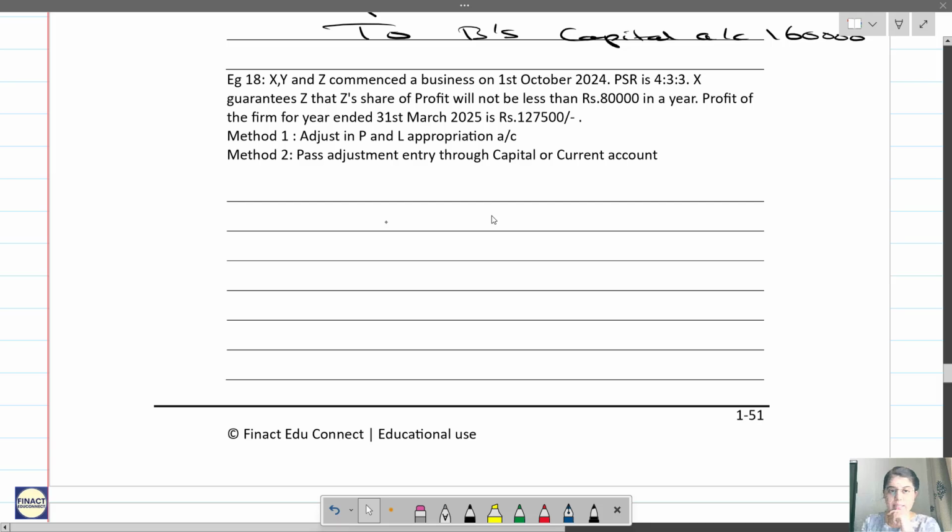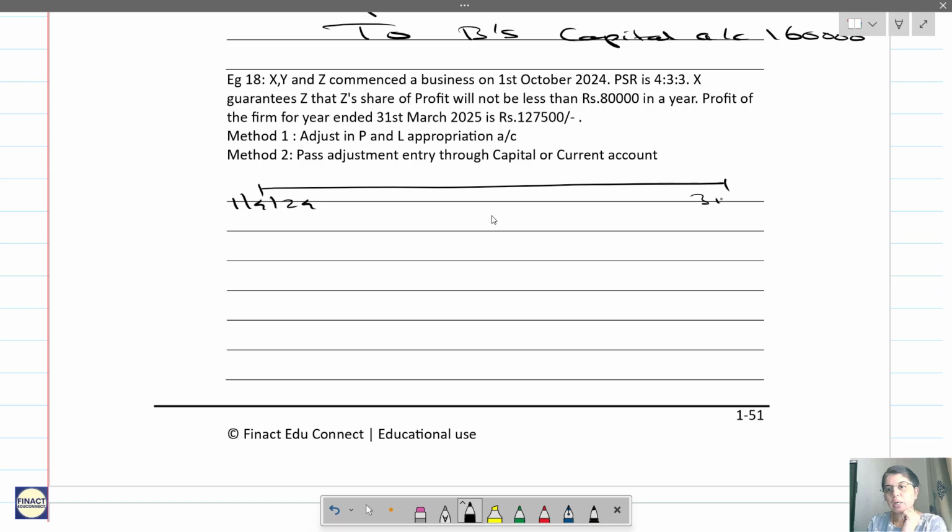Now understand this thing. See, the entire financial year begins from 1st April 24 to 31st March 25. Okay. Now, when has the business commenced? Business has commenced on 1st October 24.